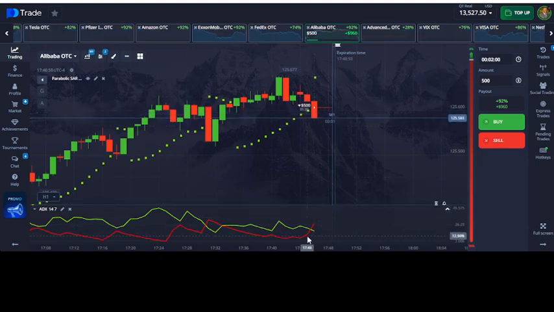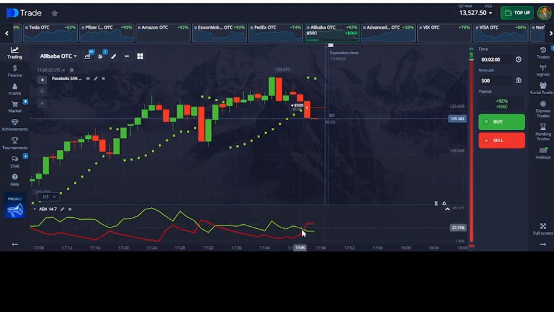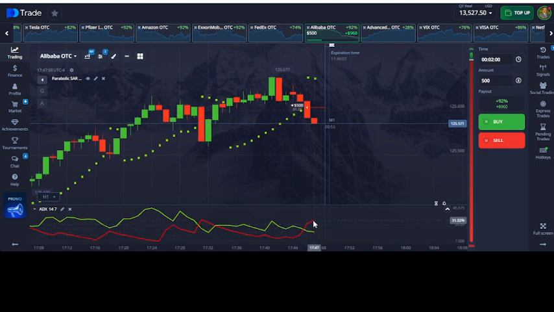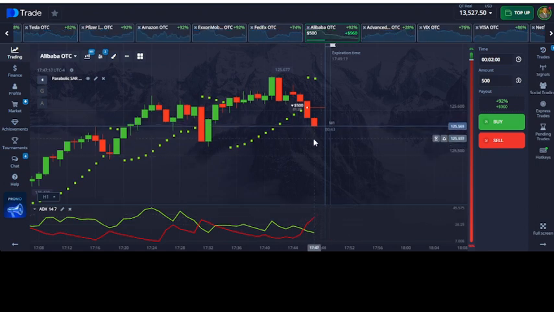In addition to that, the red minus ADX line crossed the green plus ADX line in an upward direction. So this tells me that the bears have taken control. There are more sellers than buyers, so that's going to push the price of the stock down.